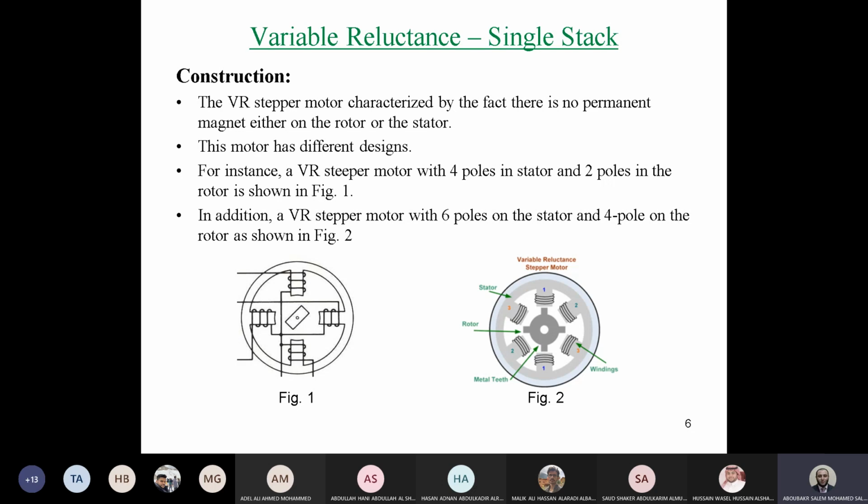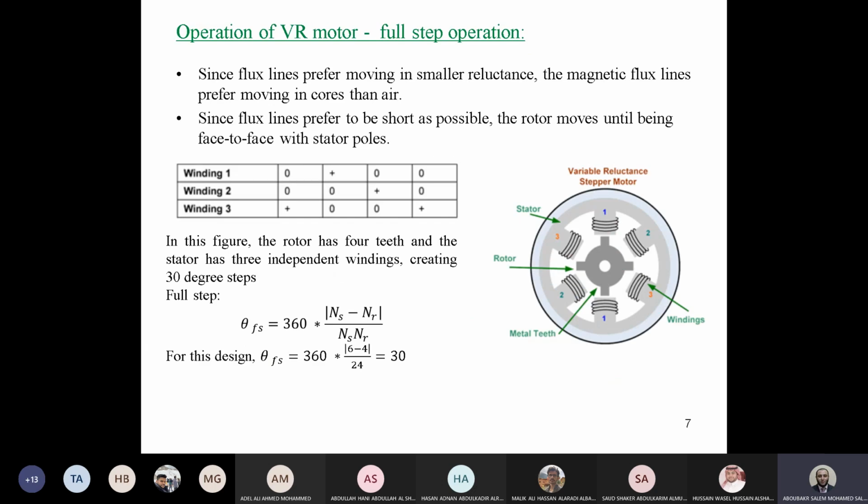But here, in this type of machine, the stator winding is not a fixed connection, it has many shapes, and the rotor has no windings and has many shapes for poles, or for teeth. So the design here has many shapes. It's according to your application and required motion.